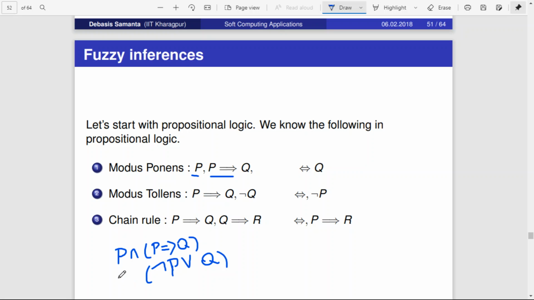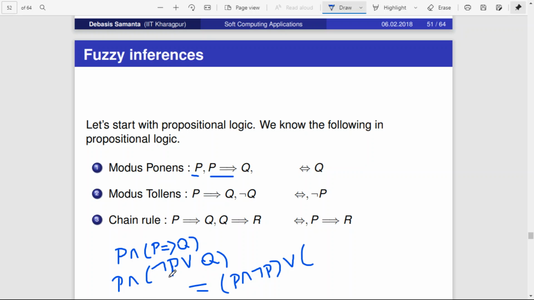Okay, and we have P and (not P or Q). So this can be further elaborated as (P and not P) or (P and Q).